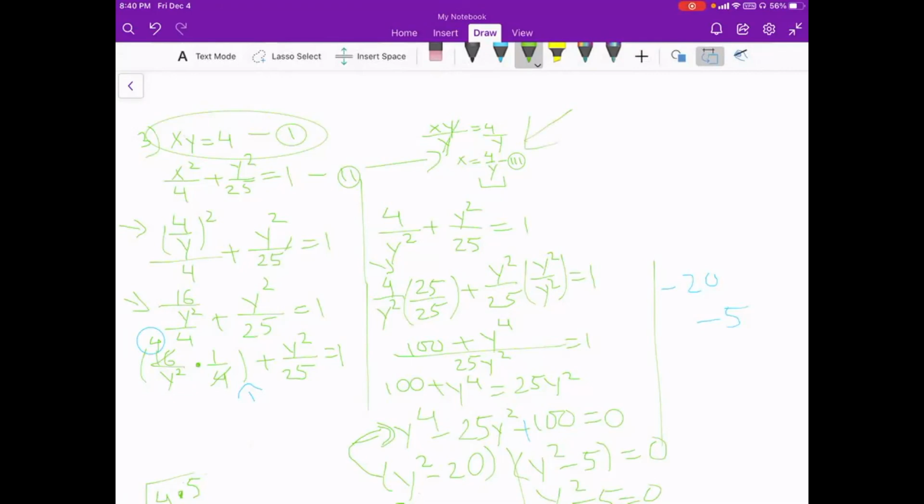Do you guys know how I know that? Well, I took a look at this part and I saw y squared was on top of 25, which is a much bigger denominator than 4. So try to take a look at the denominators and see whichever fraction has the smaller denominator. Try to solve for that variable.